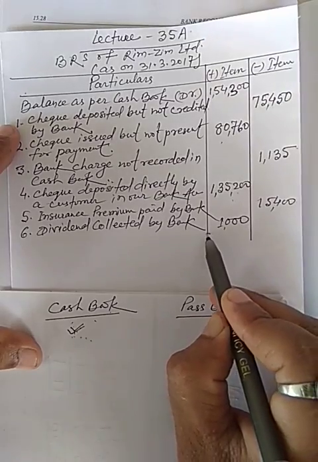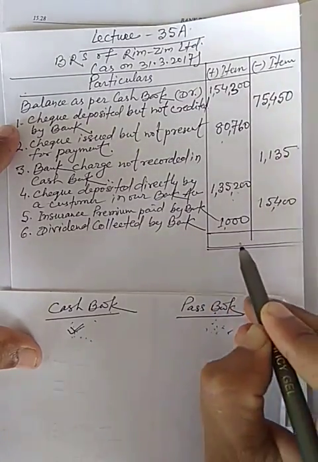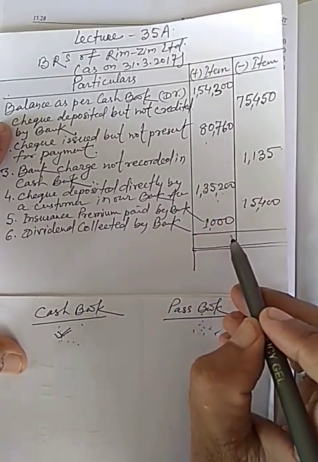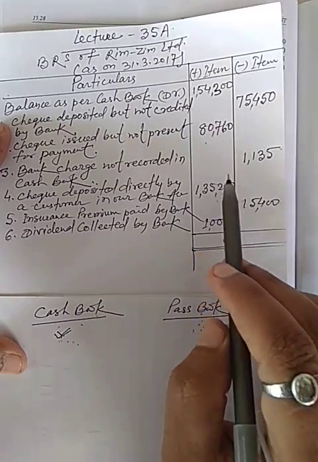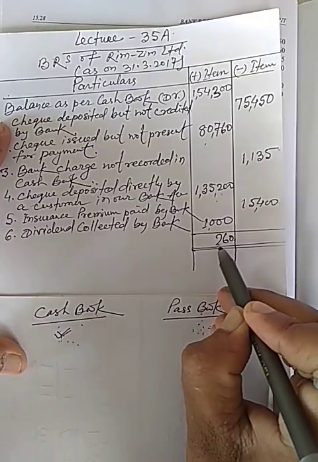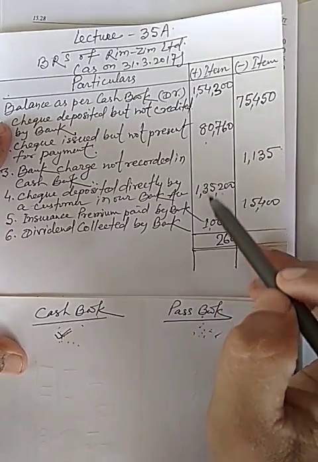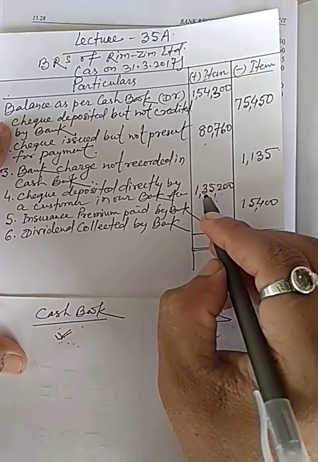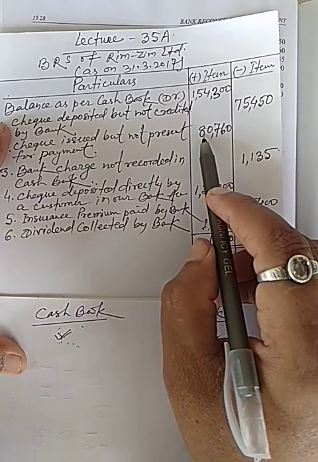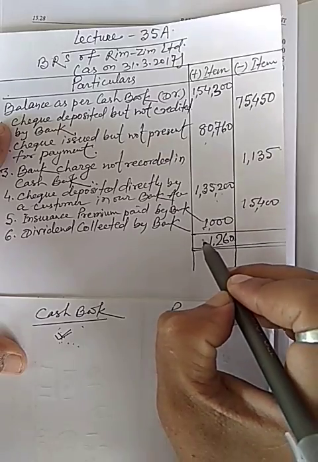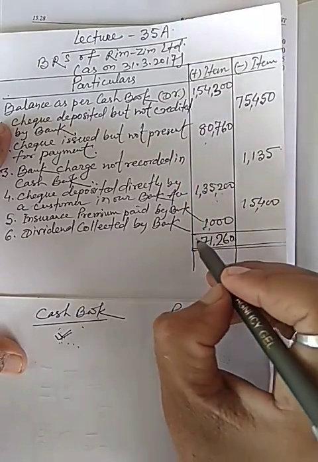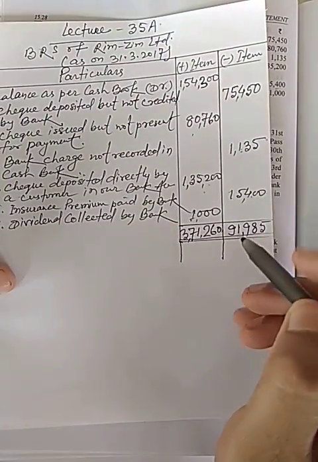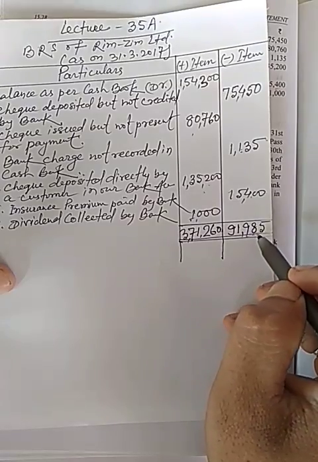Now student, we have to balance it, and you can see in plus item the total will be 3,71,260, and the same in minus item it will be 91,985.